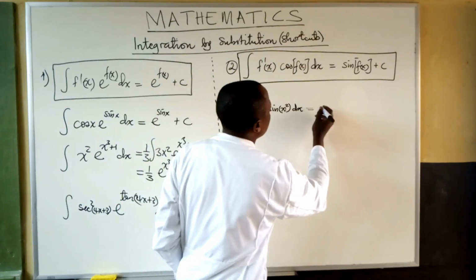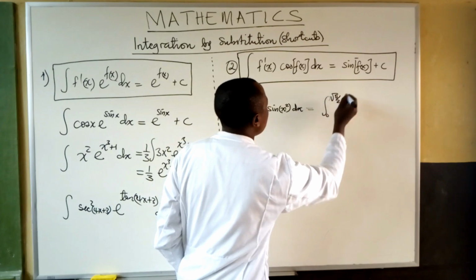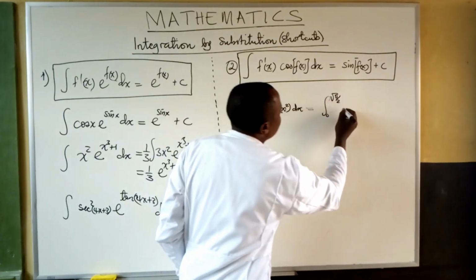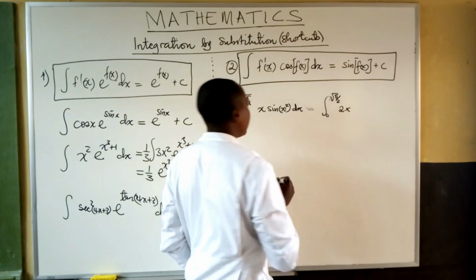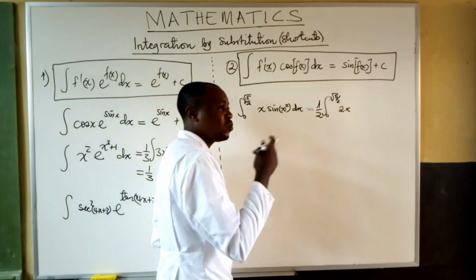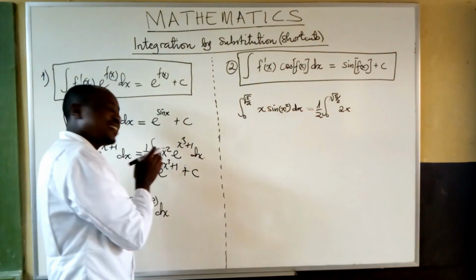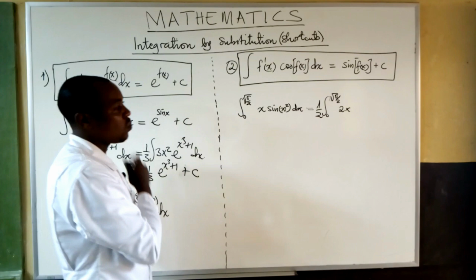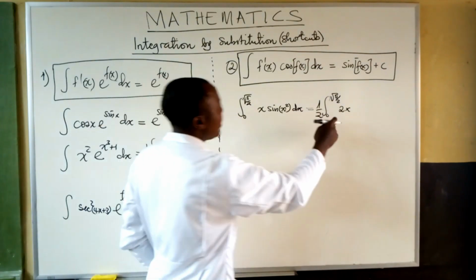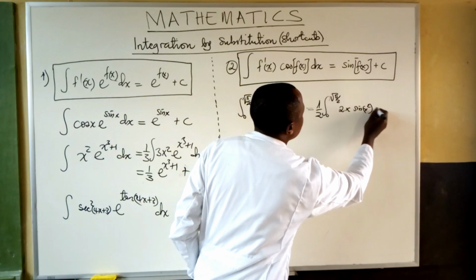That gives the integral from 0 to the root of pi on 2 of 2x. I've inserted a 2 and it was not supposed to be there, so I neutralize outside with half, just like I did here, inserting 3 and neutralizing outside with 1/3. So here now I will get sine x squared, all that dx.